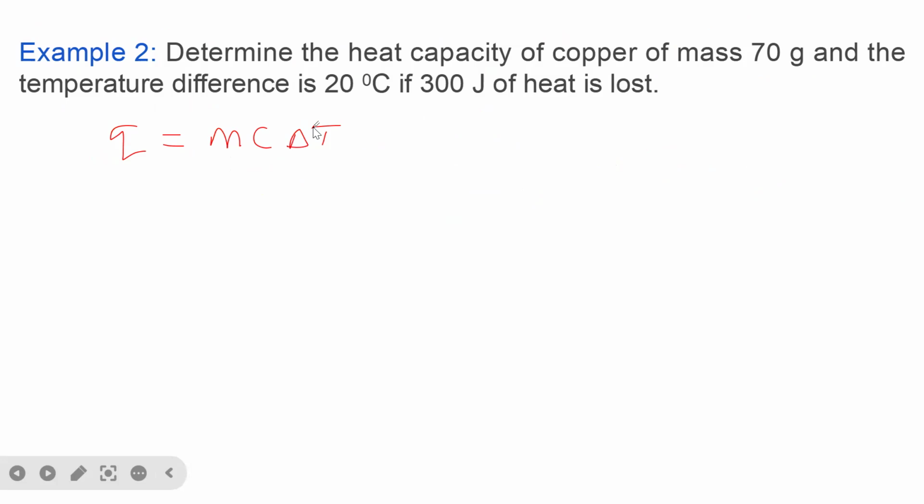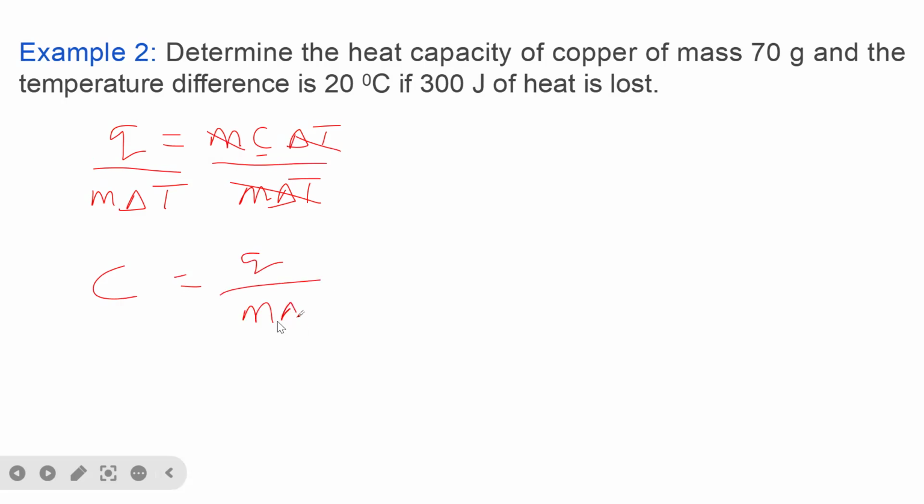We want to determine the specific heat capacity C. So therefore, we have to divide both sides by M delta theta. Then we now have C is equal to Q all over M delta theta.